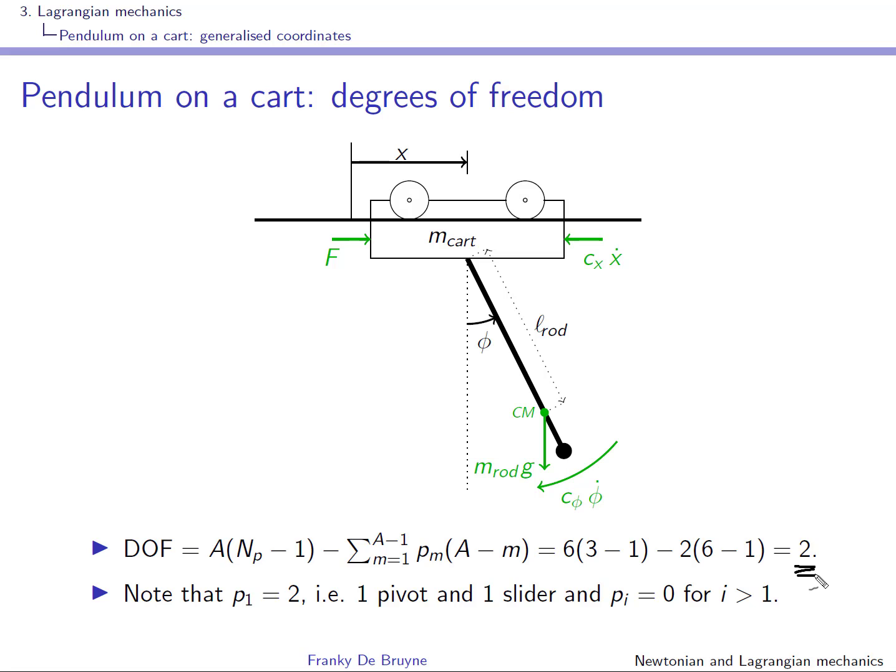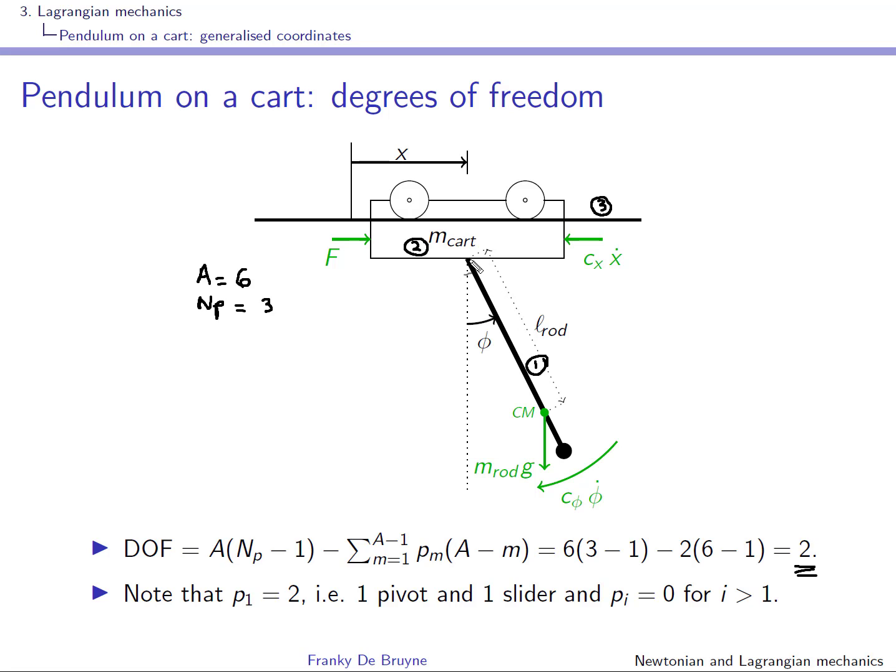Okay, so we can ask ourselves in what space we're going to work, and in my example I've chosen to work in space. The number of parts in the mechanism, yeah, so you have the pendulum, the cart, and the rail. So NP equals 3. And then you have links.